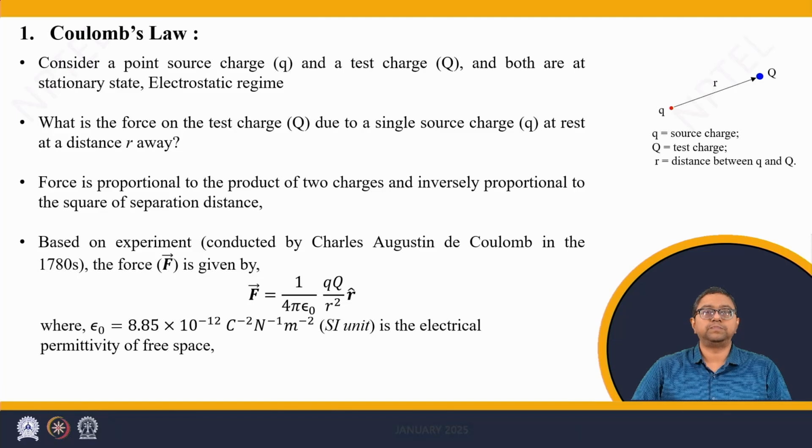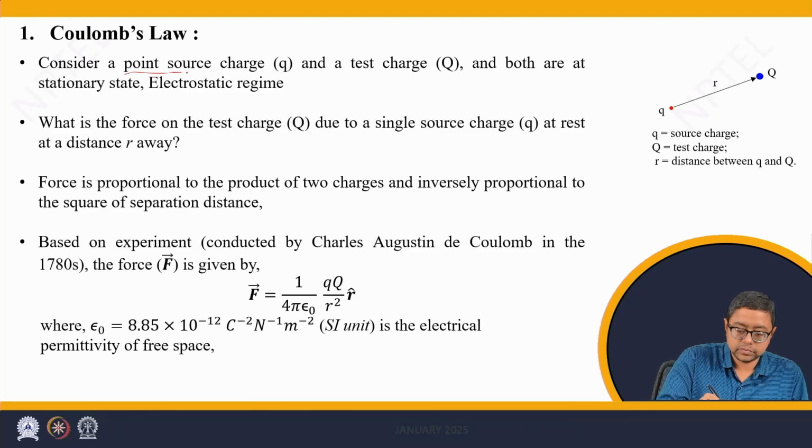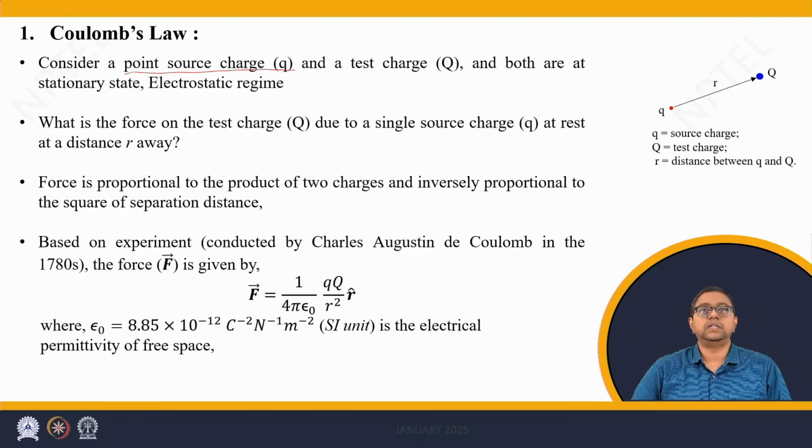Coulomb's law. Coulomb's law describes the electric field due to a point source charge, that is Q. The test charge, capital Q, and the point source charge, little q, are placed such that the distance between them is r.